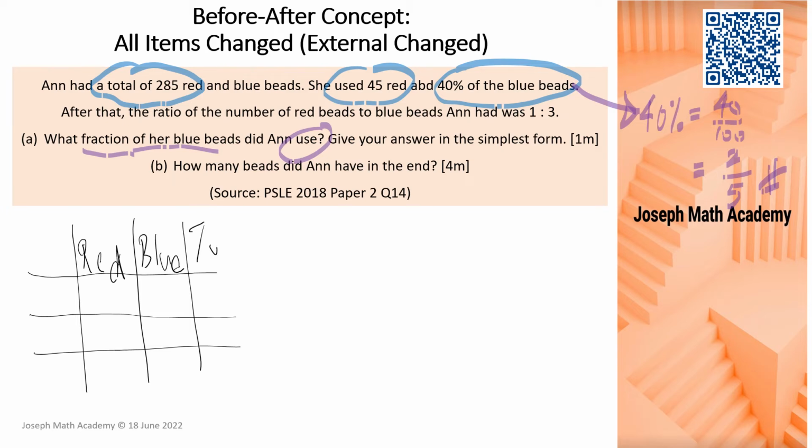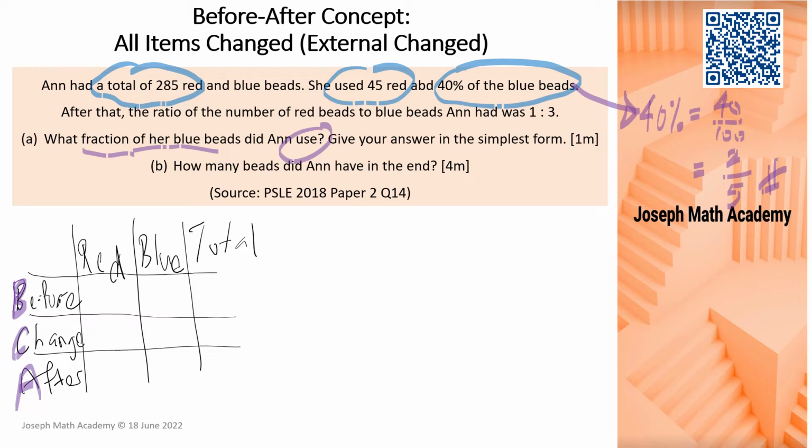And the last column will be their total. The rows: the first row would be the before, then this is the change row, and then the final row will be the after. So it's called the BCA table, before change after table.